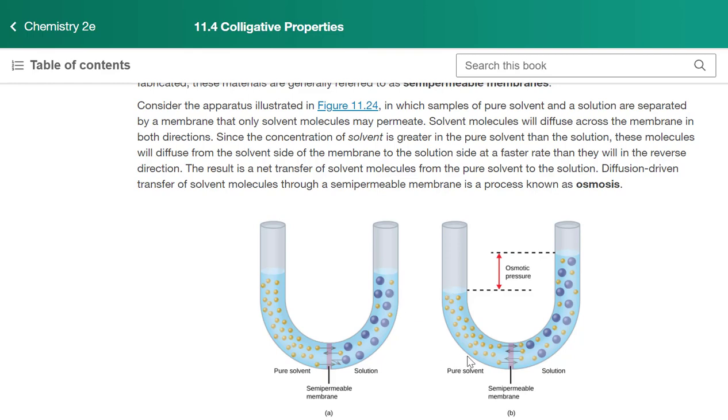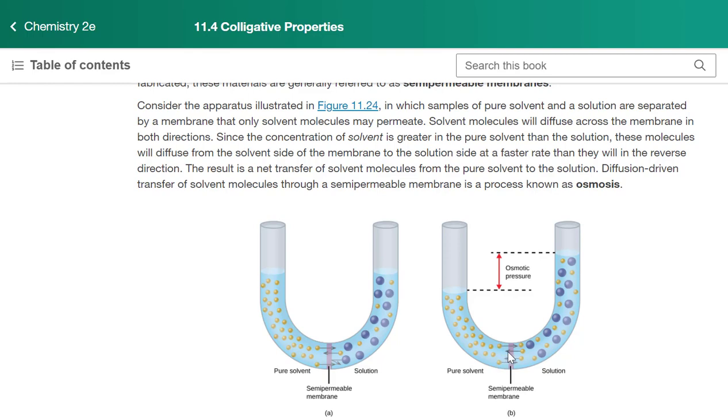Whatever the case, and we're not going to get into that level of detail here in terms of why, what ends up happening is the solvent can cross over here, and the solute cannot. And over time, this side will have a higher elevation, and because of this, we have a pressure called the osmotic pressure that will form.